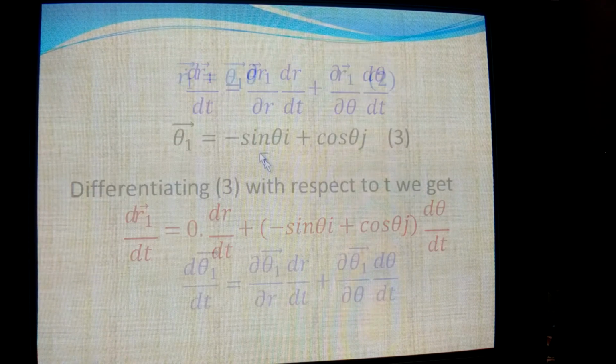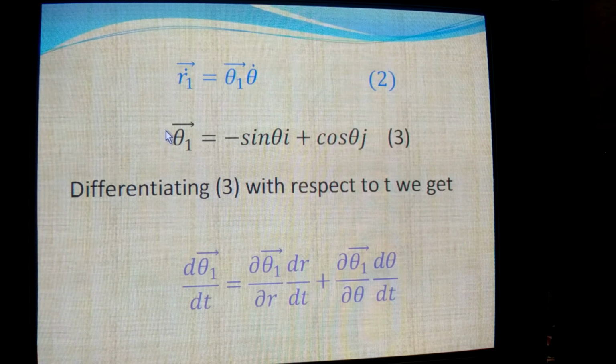So d theta 1 bar by dt is equal to dou theta 1 bar by dou r, then dr by dt, plus dou theta 1 bar by dou theta, then d theta by dt.